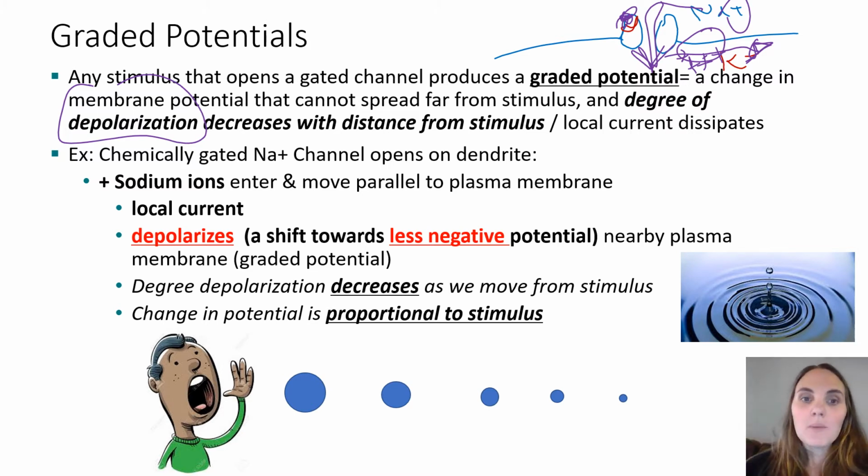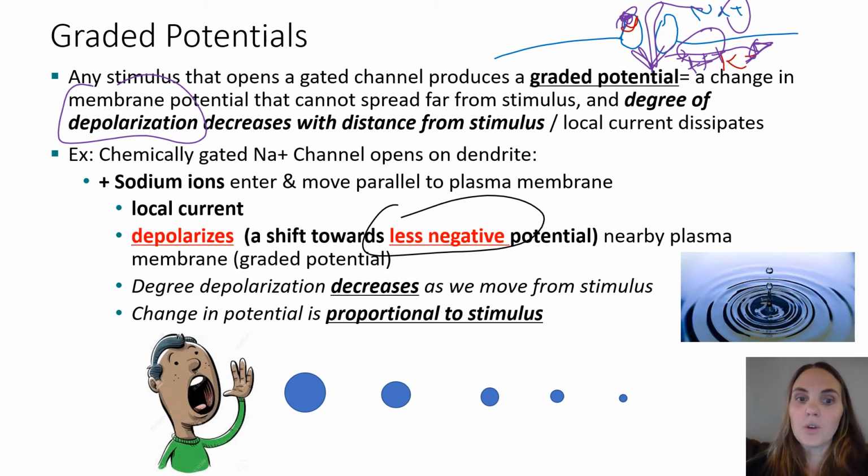So, our chemically gated sodium channels that are found on those dendrites bind a ligand, the channel opens, and then those positive sodium ions enter and move parallel to the plasma membrane as I just drew. That creates a local current, which creates a depolarization. Remember, that depolarization is a shift towards a less negative potential in the plasma membrane next to the channel.